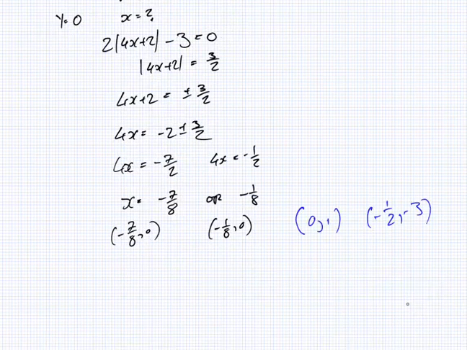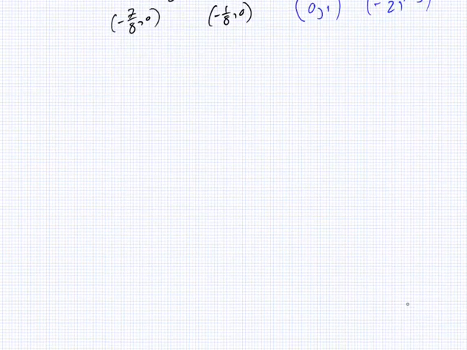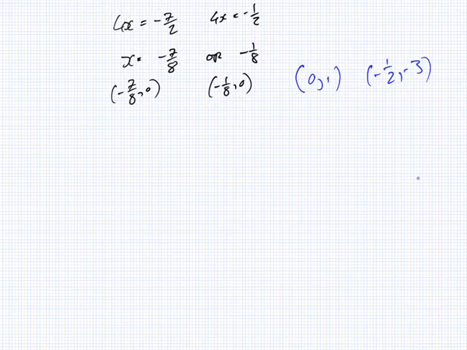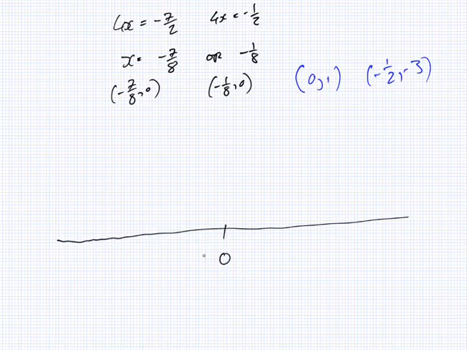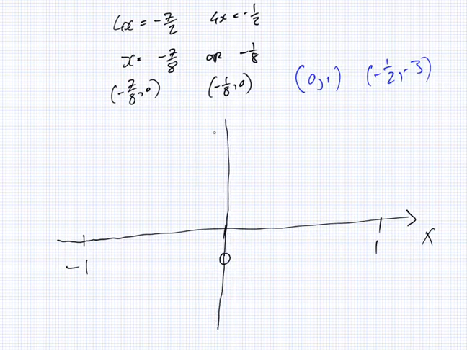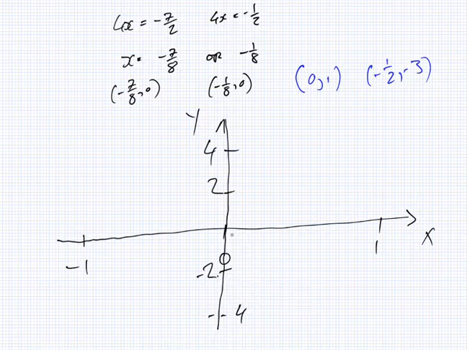Okay, so let's draw it. I'm dealing with lots of fractions. On my x-axis, I'll just go from minus 1 to 1. And on the y-axis, I see the biggest number is 3, so I'll just go to 4. Okay, so we have 0, 1, minus a half and minus 3.